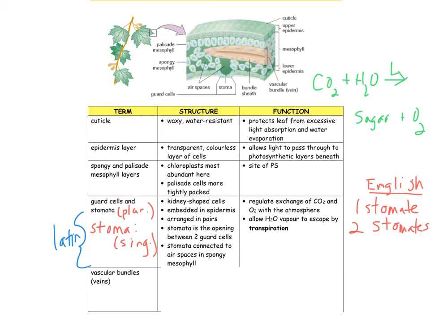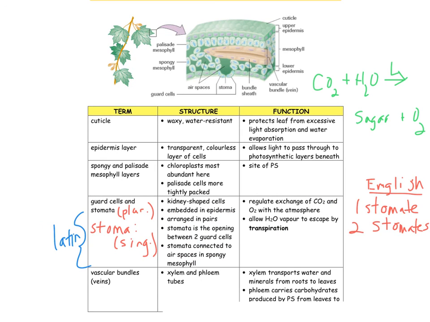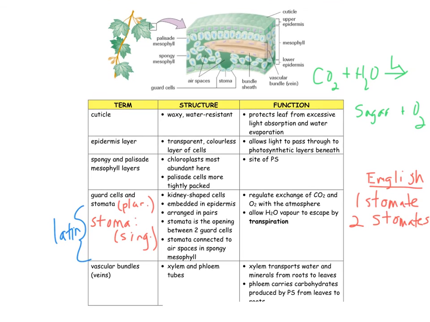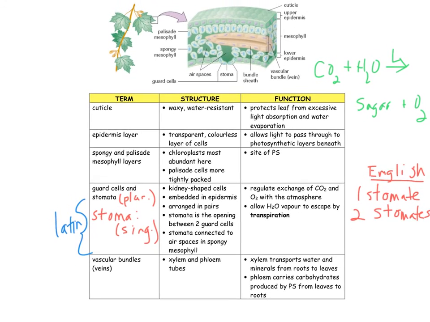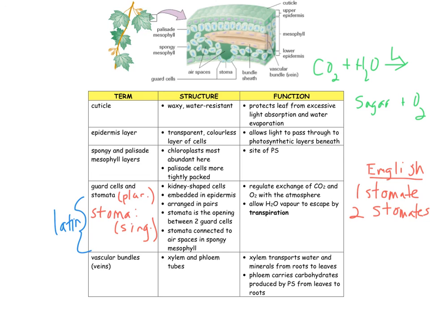Lastly, I want to talk about those vascular bundles. Those are the xylem and the phloem, respectively. What is the job of each of them? Well, xylem is responsible for transporting water from the roots all the way upward against gravity to the leaves.